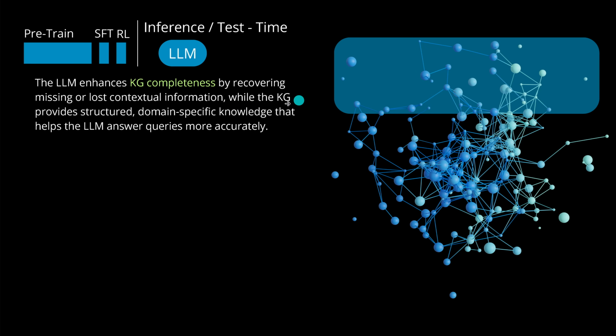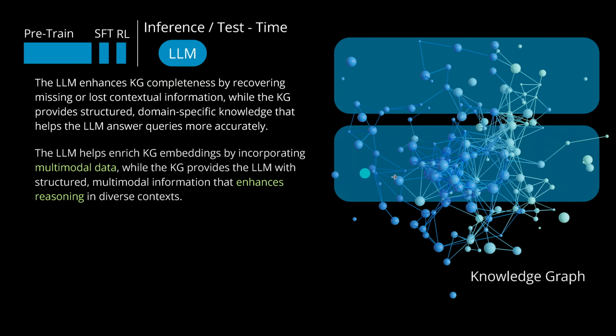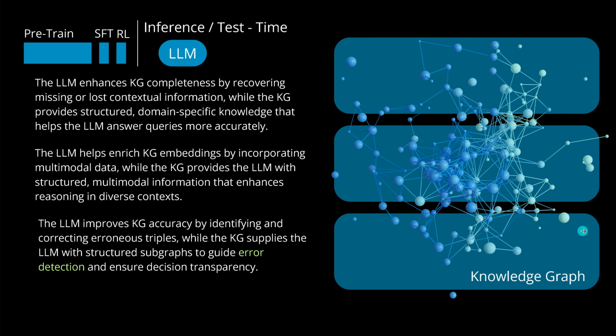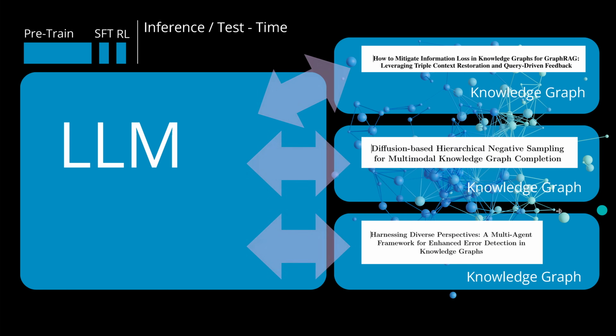If you want a summary, this is from paper 1, this is from paper 2, and this is from paper 3. But what's interesting is this interplay, the active design an LLM takes to change the knowledge graph with different methodologies. Those are the 3 methodologies of today.